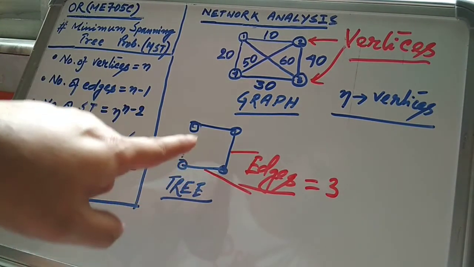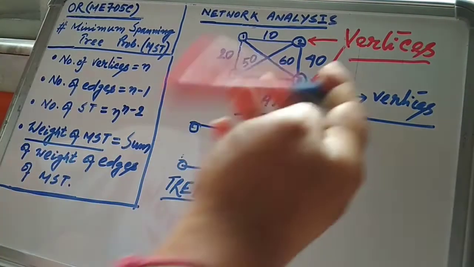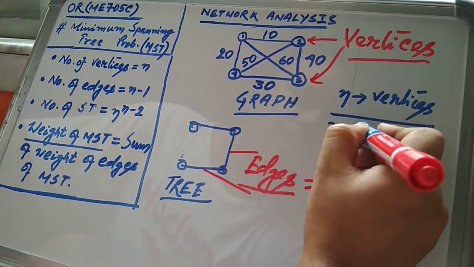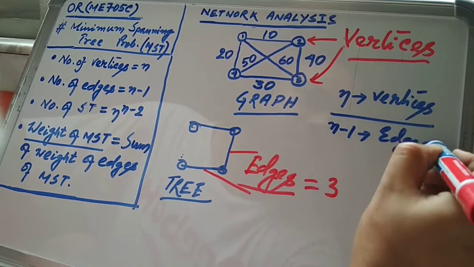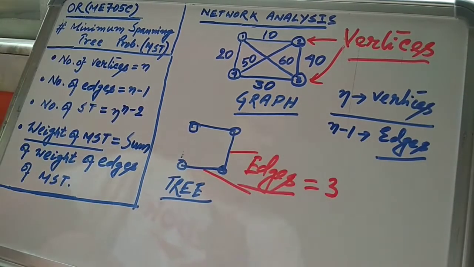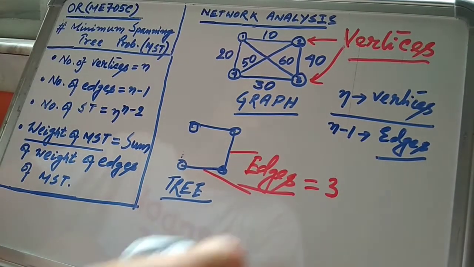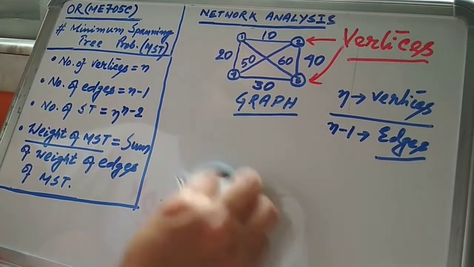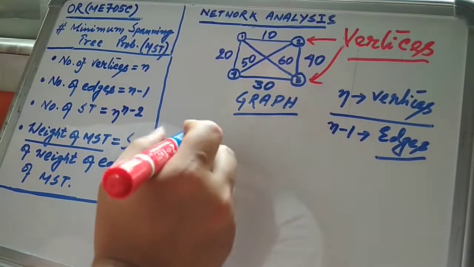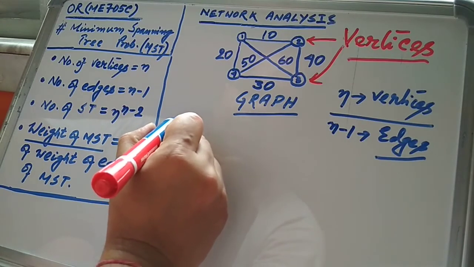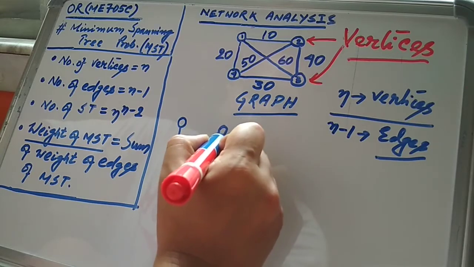So if you have n vertices, you are going to have n minus 1 edges for constructing the tree. Now coming to the spanning tree for this particular network, for constructing a spanning tree with this network, we have like this one, this one, this one, and this one.